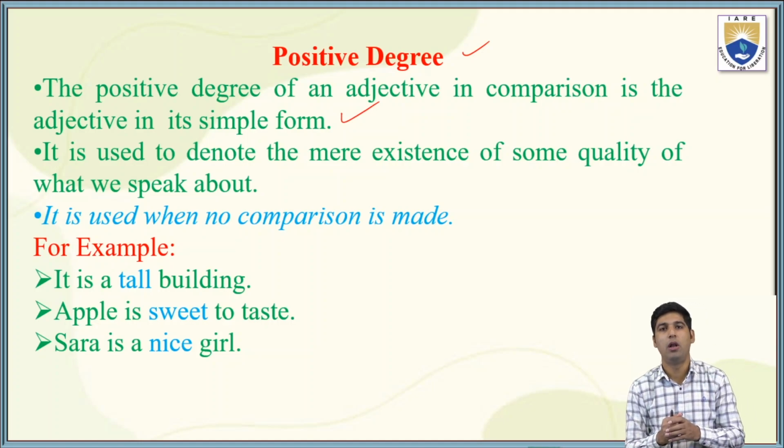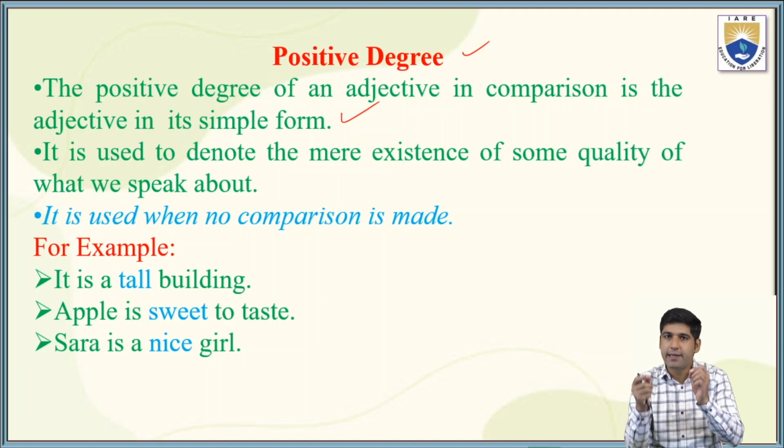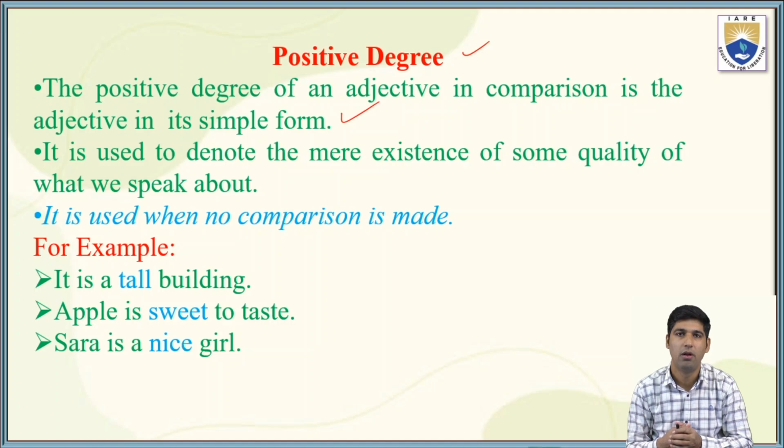Like the adjective small, comparative is smaller, superlative is smallest. So the adjective in its simplest form is when it is in its first form, that's small.